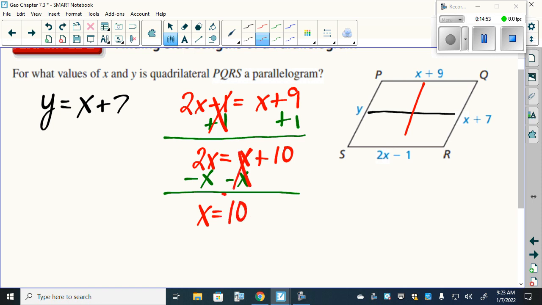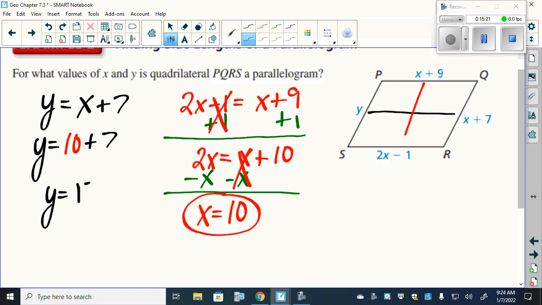Now realistically, we could have added 1 first, or we could have subtracted x first. Either one would have gotten us to the same answer. Now over here we know y is equal to what? X is 10 plus 7 because we plugged the 10 back in. Now 10 plus 7 is 17, so y is 17.